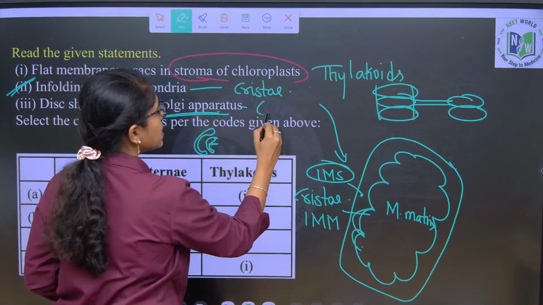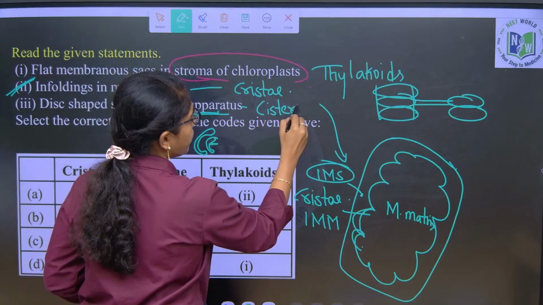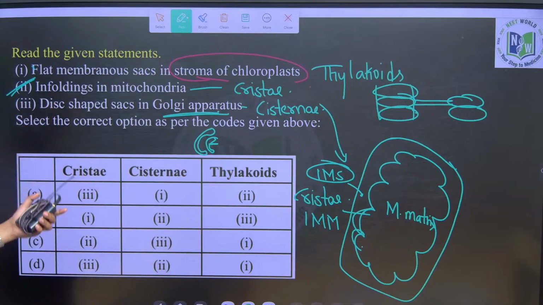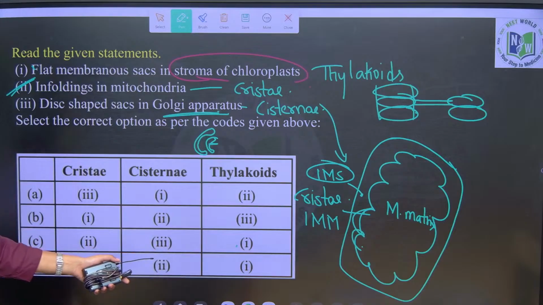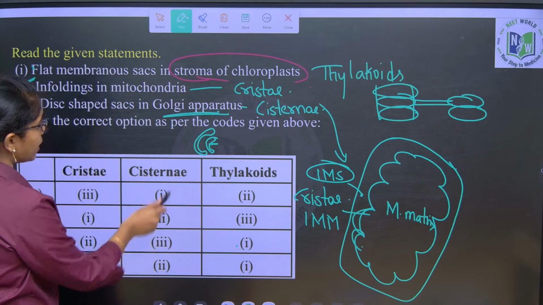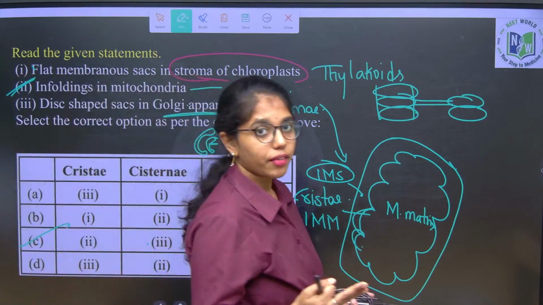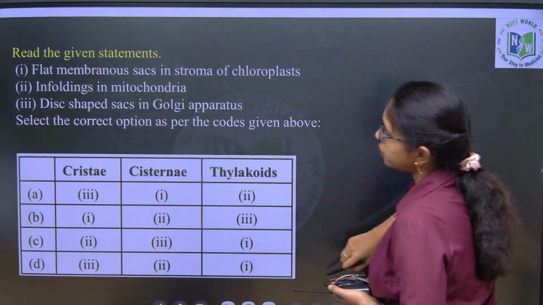These are cisternae. So now it is easy to identify, right? First one will be thylakoids, next infoldings of mitochondria will be option 2 and this is option 3. So we have to go with option C, right? Now next question.